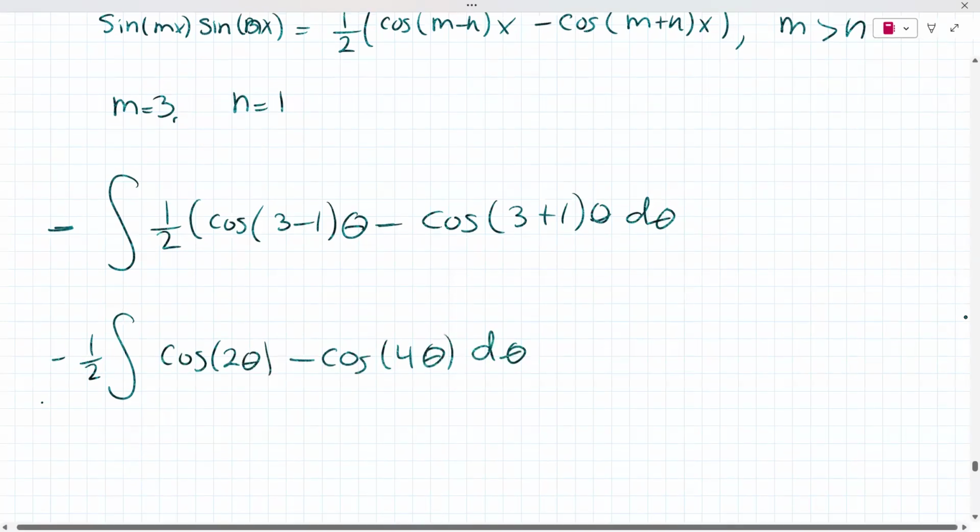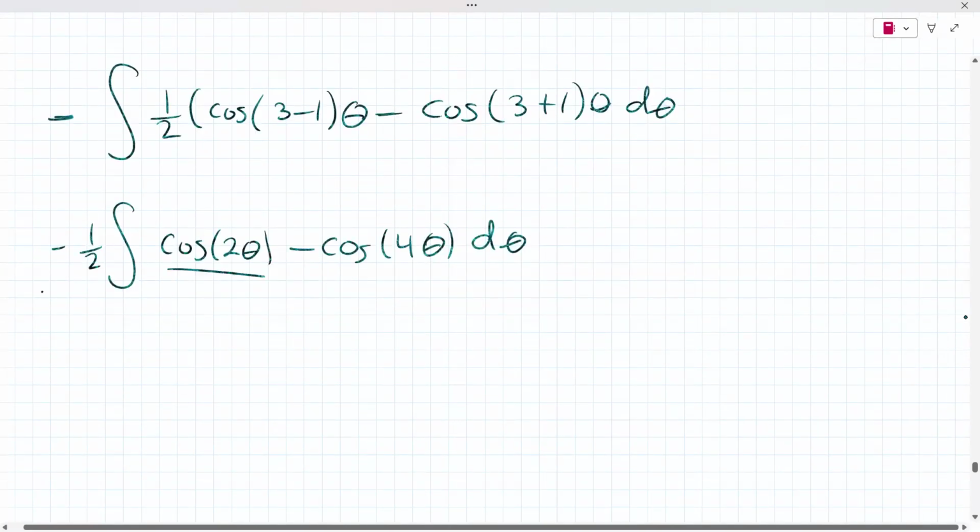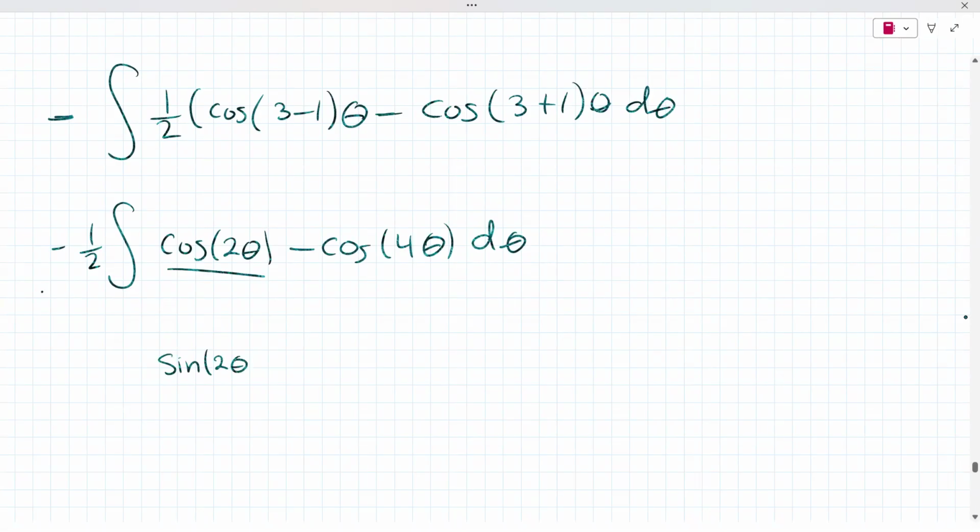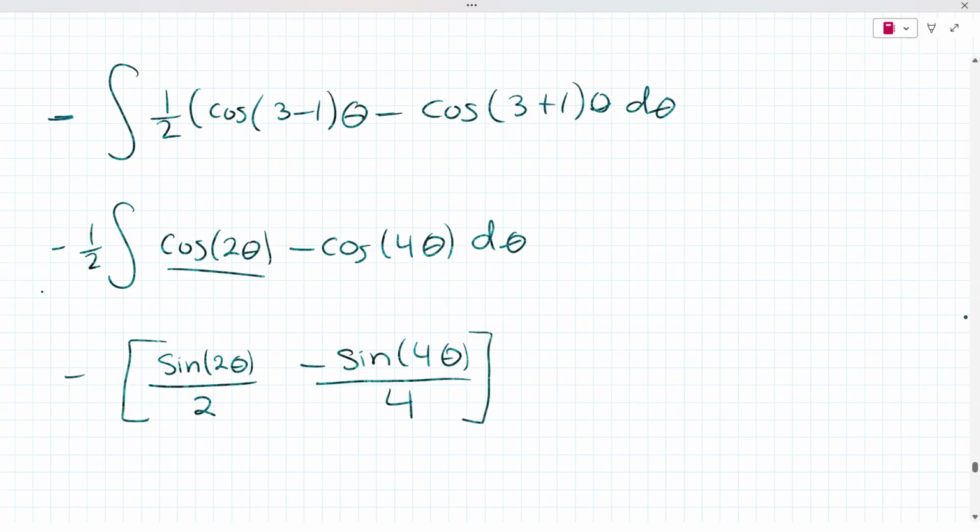Now we could just take the integral of each term. So what's the integral of cosine 2 theta? It is sin of 2 theta divided by the derivative of 2 theta, which is 2. And what's the integral of cosine 4 theta? It's sin of 4 theta divided by the derivative of 4 theta, which is 4. And then times this by negative 1/2 plus c.